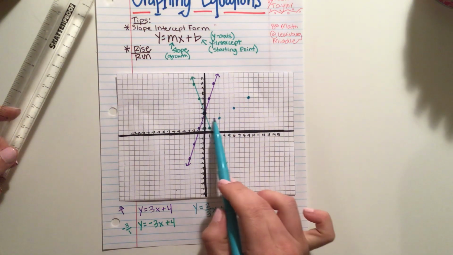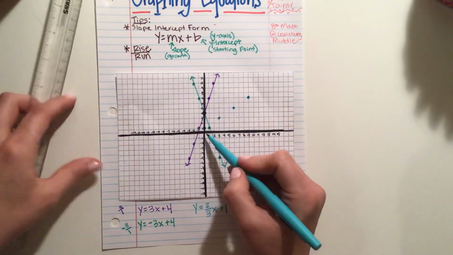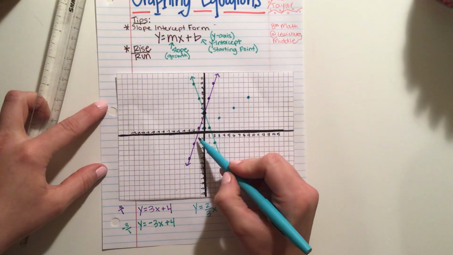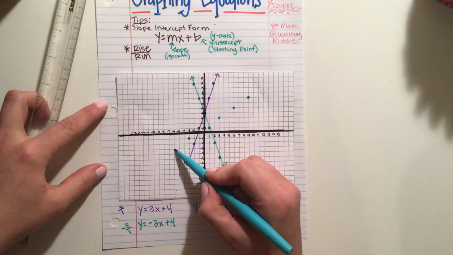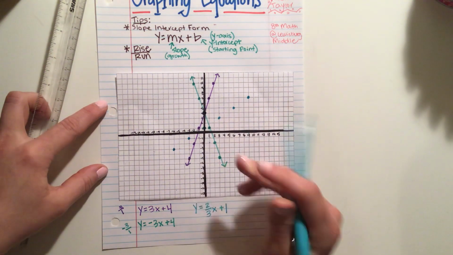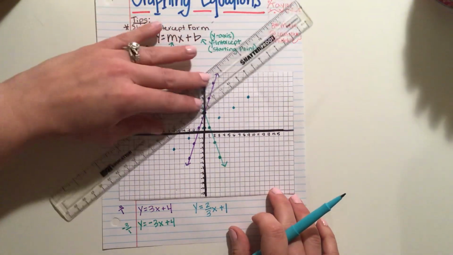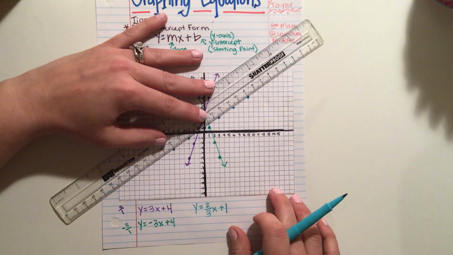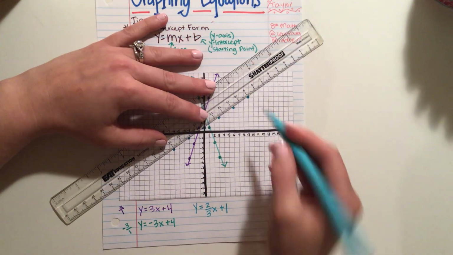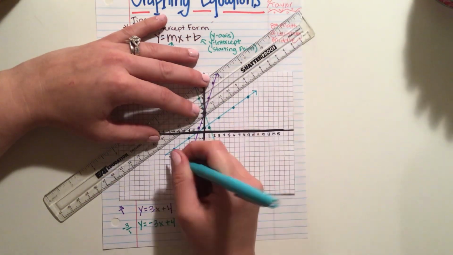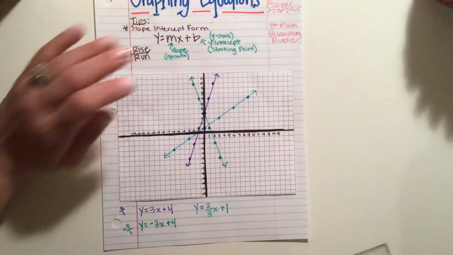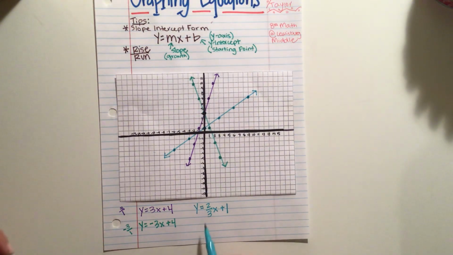Instead of rising 2, running to the right 3, drop 2, run to the left 3. Like I said earlier, you always start your graphs going to the right. The only time you go to the left is when you're showing the opposite, backwards value. So notice that this line is not as steep because 2/3 has a smaller value than a 3.